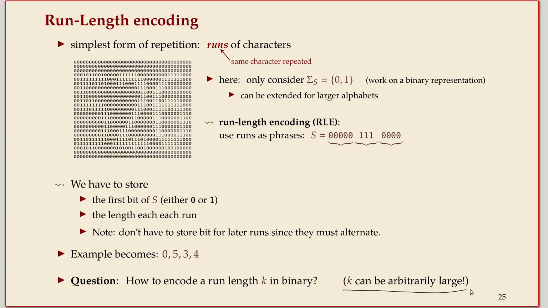We actually are very happy if we find a very, very long run in the input. So we should expect this k, the length of the run, to be an arbitrary integer. It could be arbitrarily large. How should we represent this? How should we encode this with just zeros and ones?